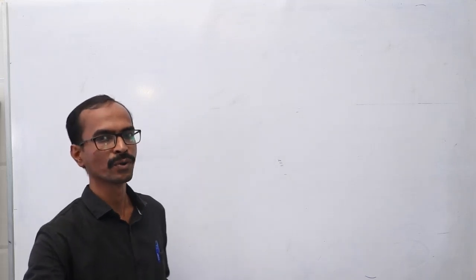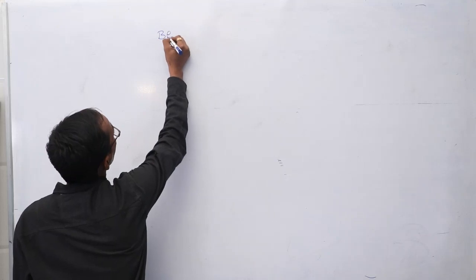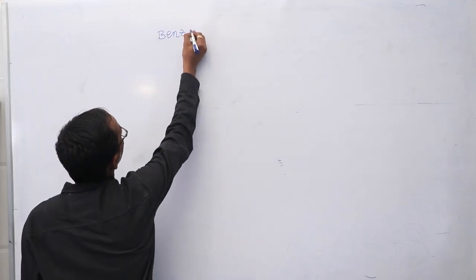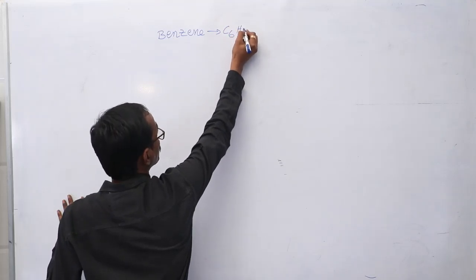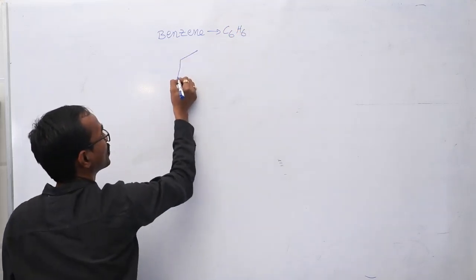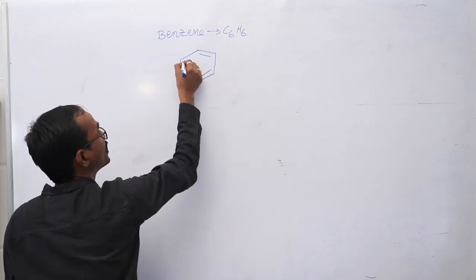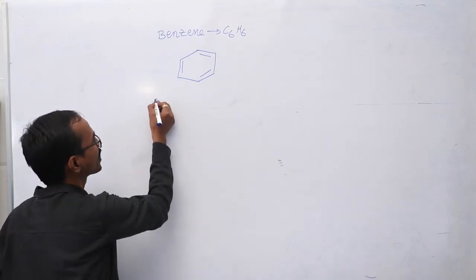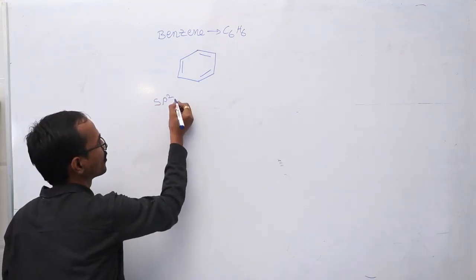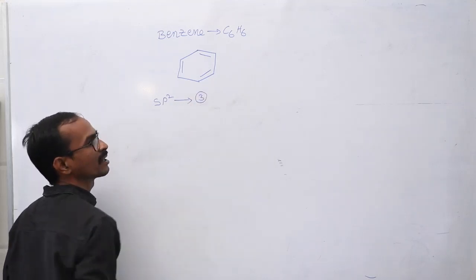Here I will explain two different examples for you. Let us take benzene. What is the molecular formula of benzene? It is C6H6. You know the structure of benzene. This is the structure of benzene. It has 6 carbon atoms and each carbon atom is sp2 hybridized, with electron pair number 3.